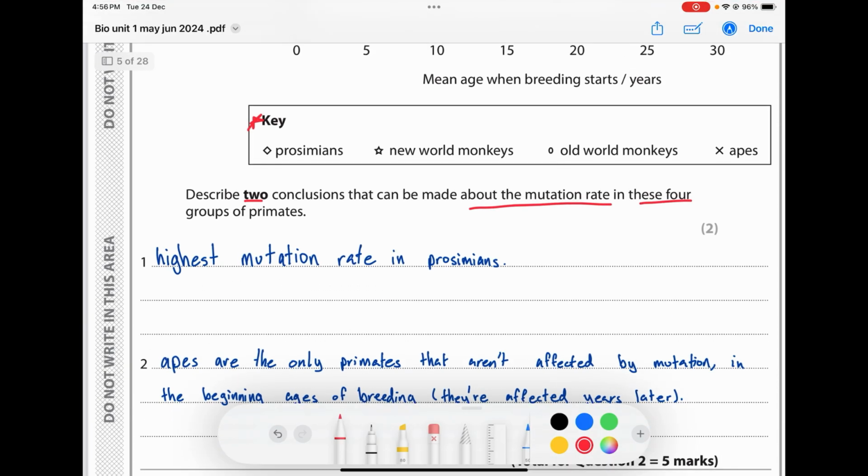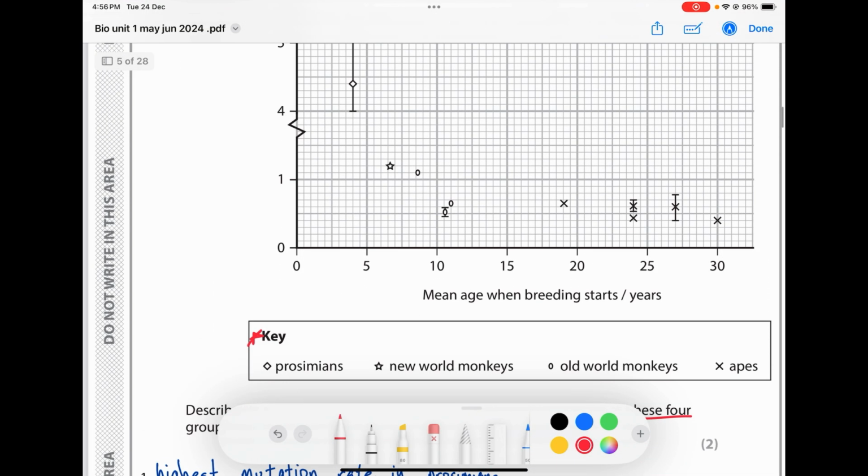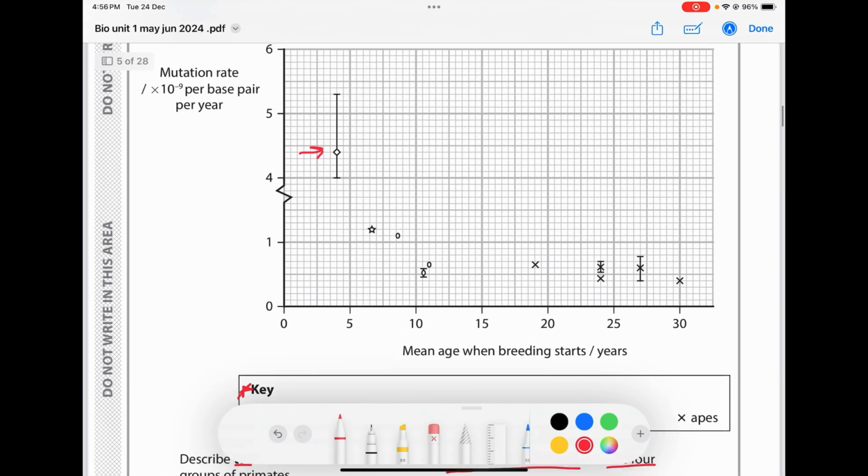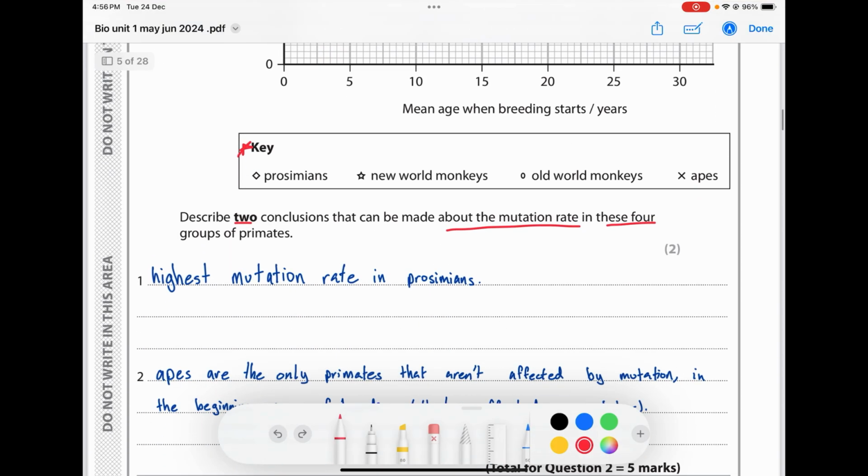So the first pretty easy conclusion to see and understand is that the highest mutation rate was found in prosimians. Prosimians right over here. And these are the prosimians, and they are the highest compared to the other groups.